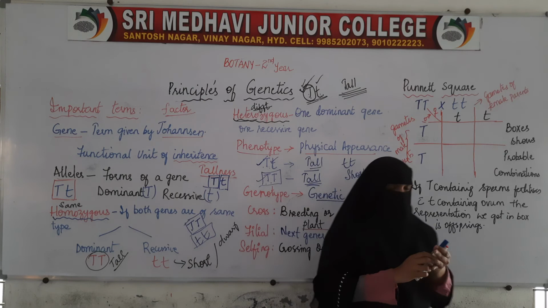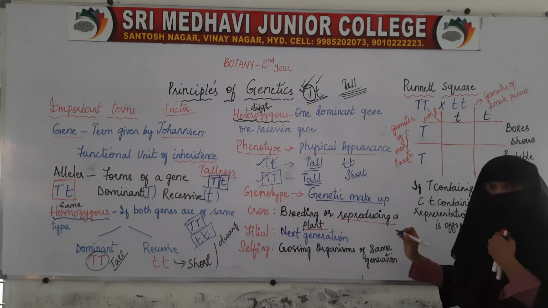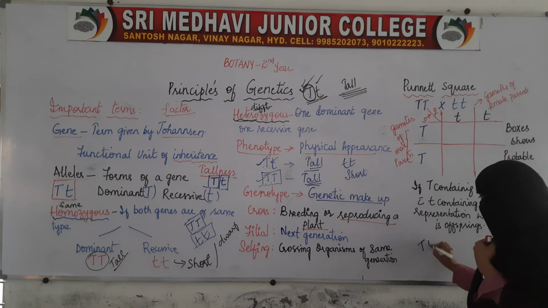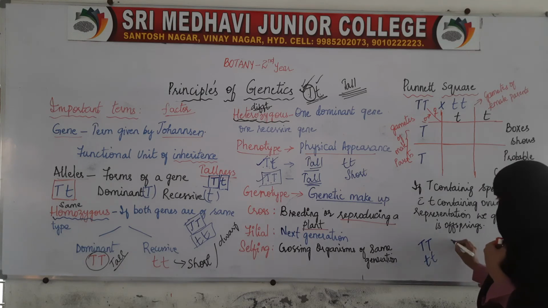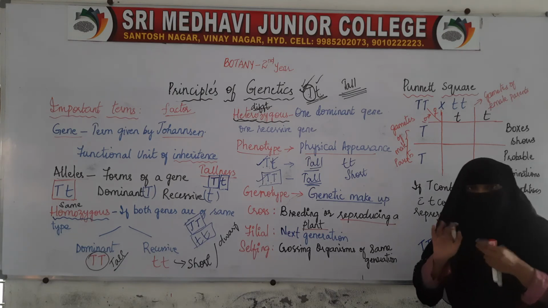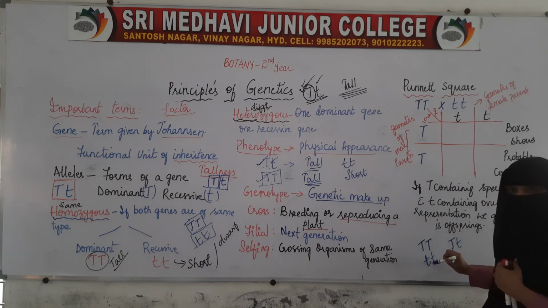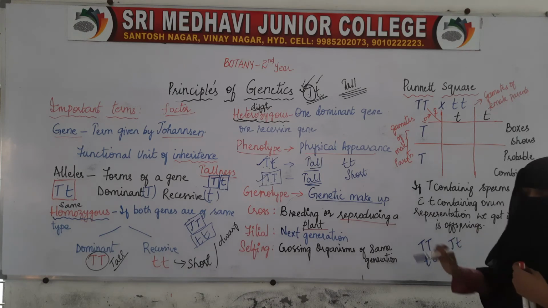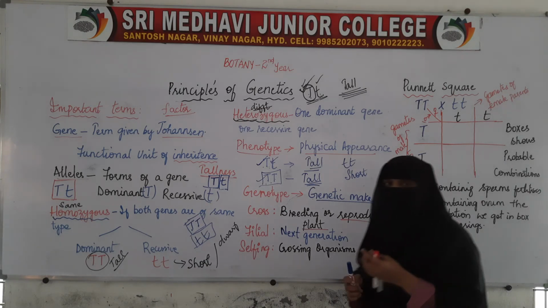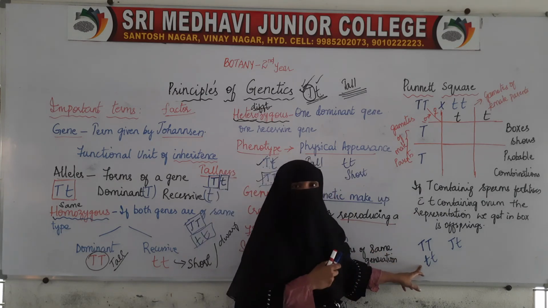For example, each gene will have two factors. It can be capital T and capital T, or capital T and small t, or both small t. Sometimes both factors are the same, sometimes they are different.